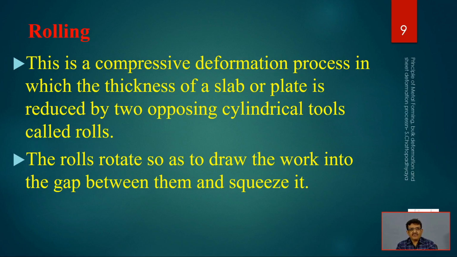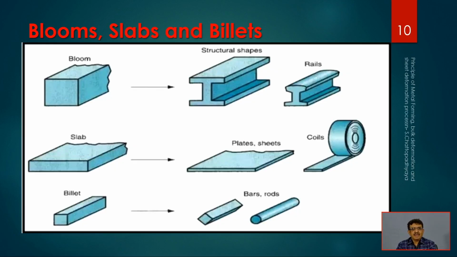But in metal forming, two rolls are used in order to give proper shape, because metal is not easy to deform. And one can see all those things. The first one, left corner, is blooms.